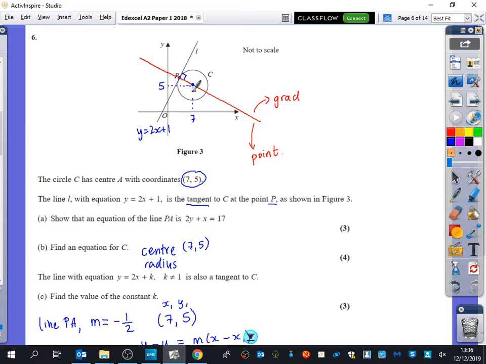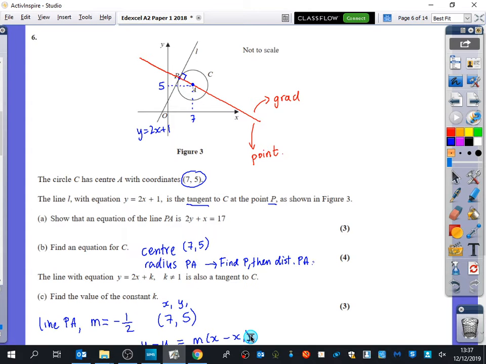The radius, I need to find the distance between P and A. I need to find the length PA. Well, I already know that the coordinate A is 7, 5, so I need to find out what P is. So I'm going to find P, then I'm going to find the distance PA.